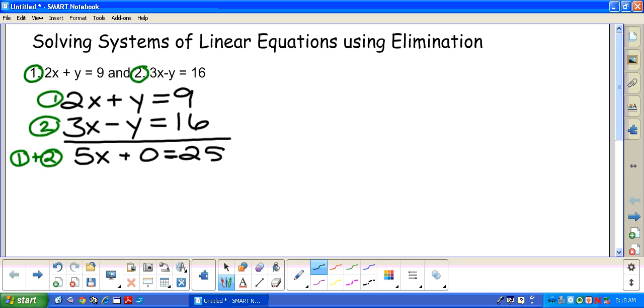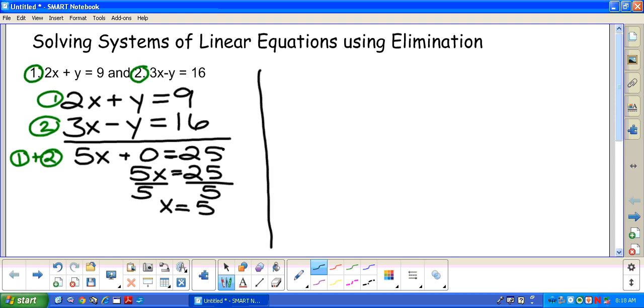This is just a strategy. I don't need the 0 there, so I'm going to rewrite it without the 0. And I now have 5x equals 25. In order to get the x by itself, I'm going to use the same technique we've been using for several weeks now. Divide both sides by 5, which will leave me with a value of x of 5.